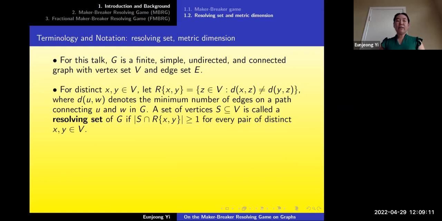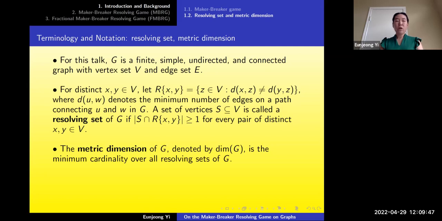So for distinct vertices x and y in V, R(x,y) is the collection of all vertices z such that z distinguishes x and y by its distances, where we denote d(u,w) as the minimum number of edges on a path connecting u and w in a graph G. So a set of vertices S is called a resolving set of a graph if S intersection R(x,y) is a non-empty set for every pair of distinct x and y in V.